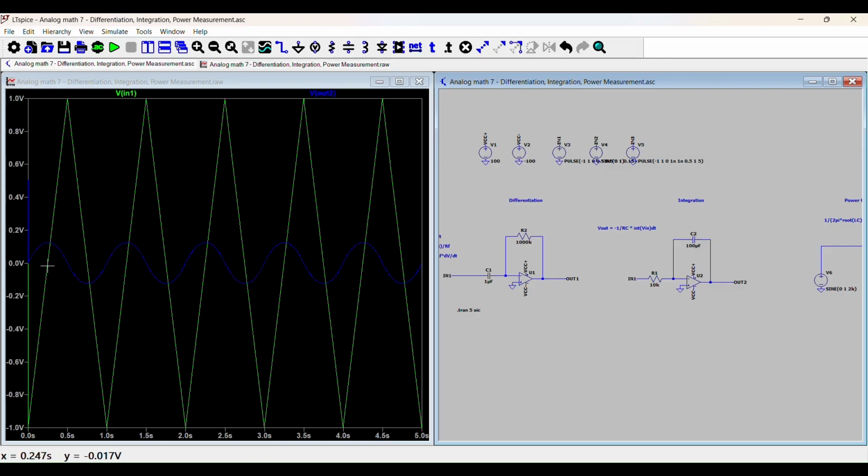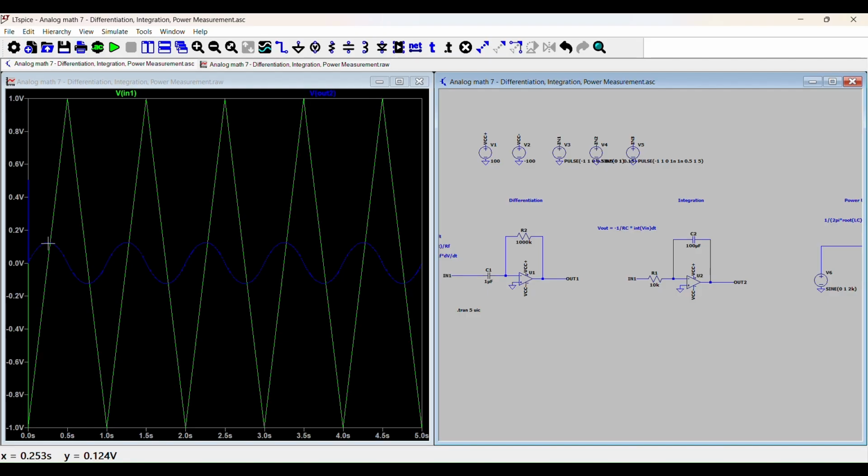Let's check the area under this particular triangle. It's 1 volt height and 0.25 volts width, so the area of a triangle, 0.25 times 1 divided by 2, should be 0.125, and the output is 0.124 volts, so very close.